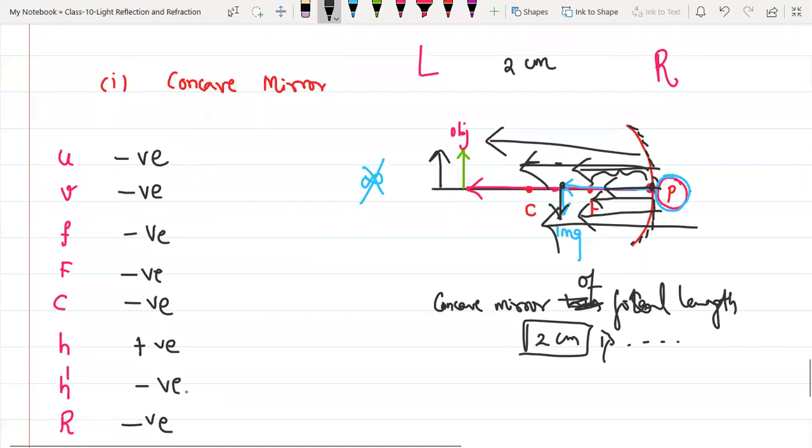So please mention these things in your running notes regarding concave mirror. For concave mirror, U is negative, V is negative, F is negative, capital F negative, capital C negative, R negative. Only height is positive, H dash is negative.